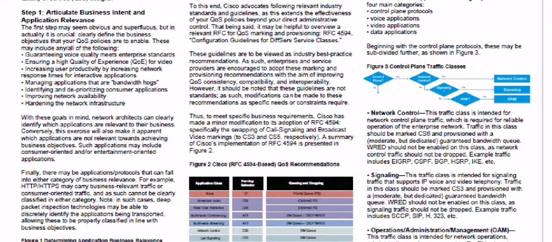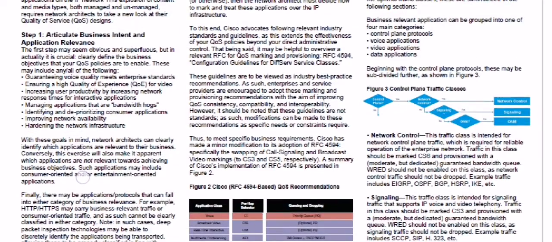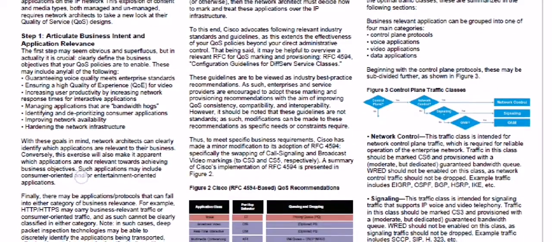All right, articulate business intent and application relevance. The first step may seem obvious and superfluous, but in actuality, it is crucial. Clearly define the business objectives that your quality of service policies are to enable. These may include any or all of the following: guaranteeing voice quality meets enterprise standards.